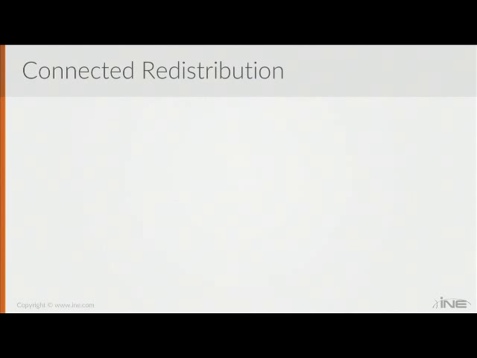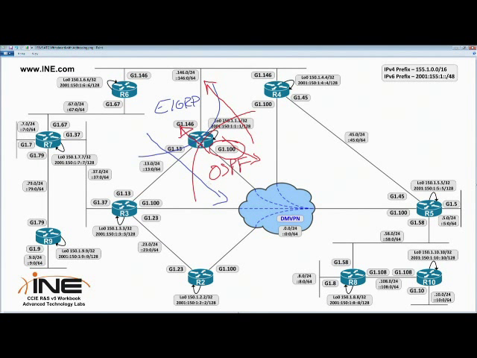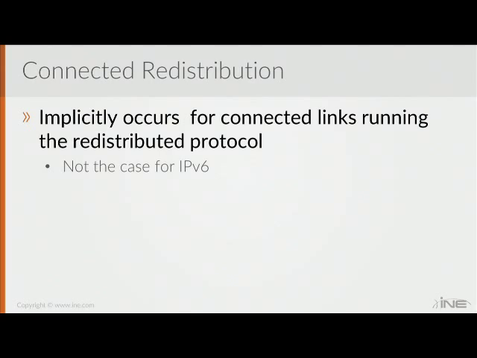Now, in the case of the connected routes, as I mentioned, when we're going from one protocol to another, in this case, let's say we're going from EIGRP into OSPF, the router will take its connected link that is running the EIGRP process. Now, in IPv6, this is going to work a little bit differently. This does not happen by default, but you do have the option to do that. But in IPv4, it will implicitly include the connected interface. Now, you may or may not want this.